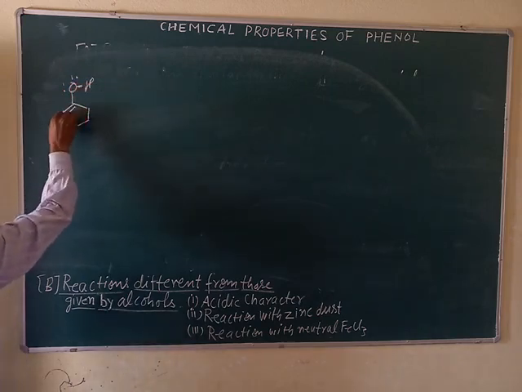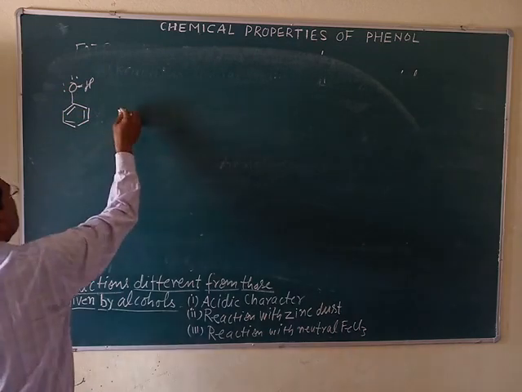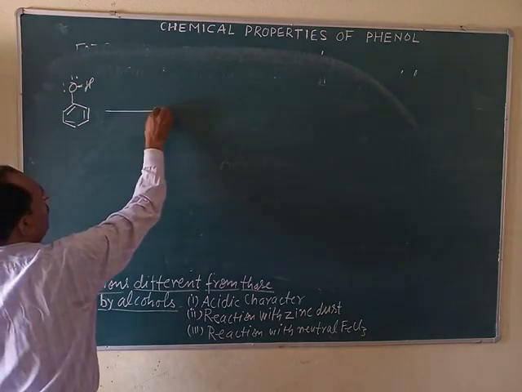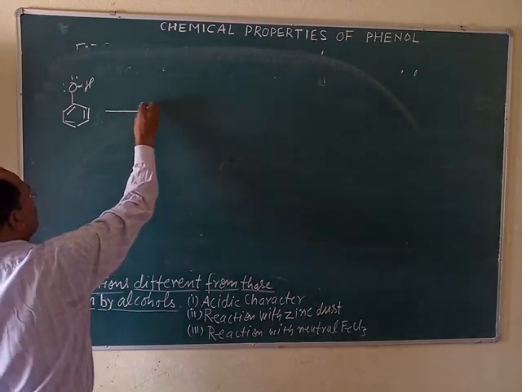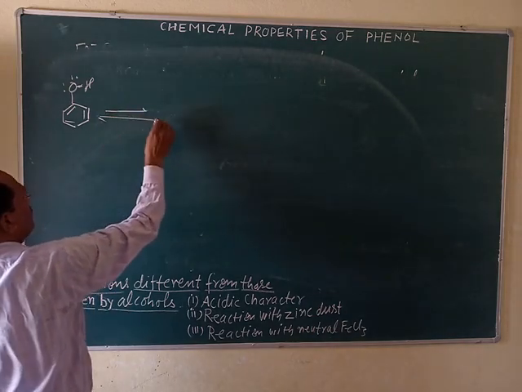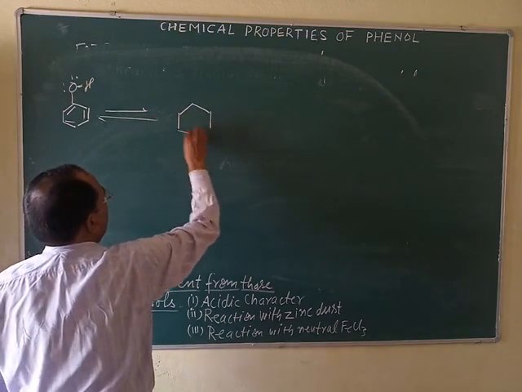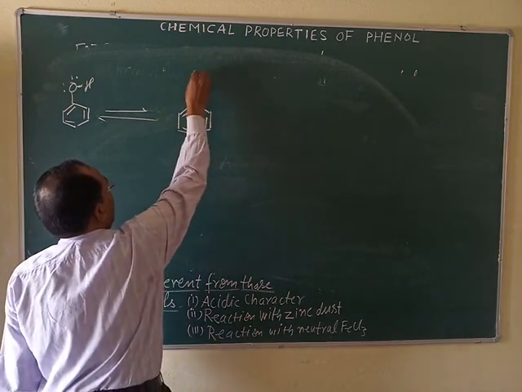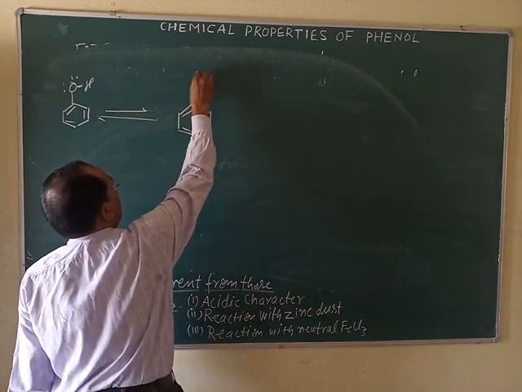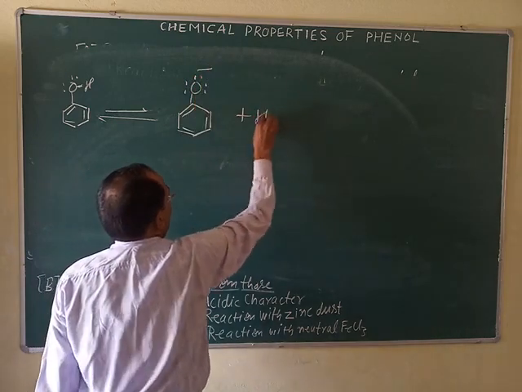Phenol ionizes to give the phenoxide ion and a hydrogen ion, H plus.